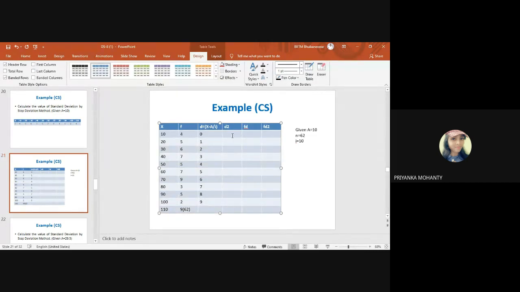Then proceed to calculate the d square. The first is 0.